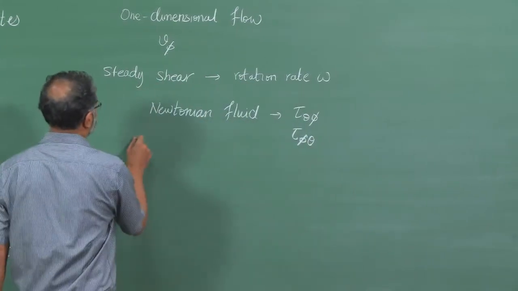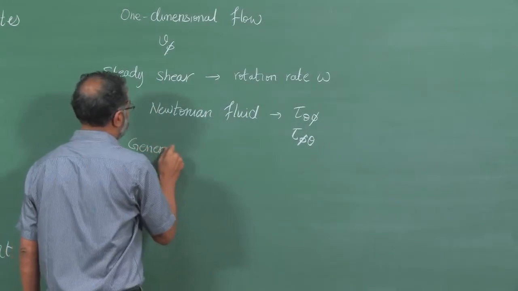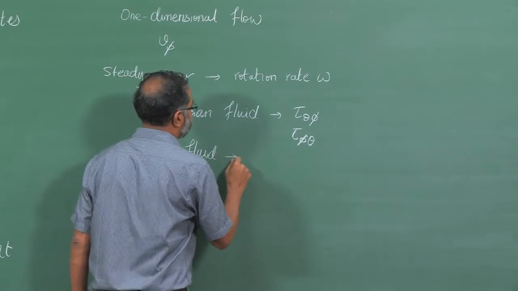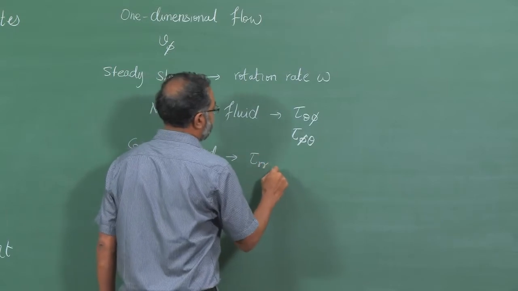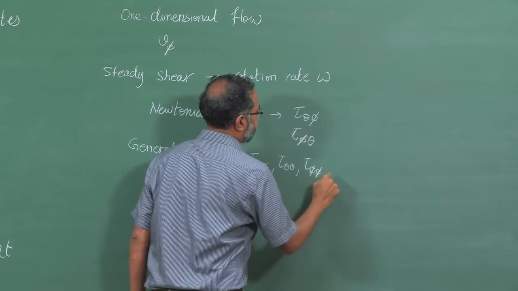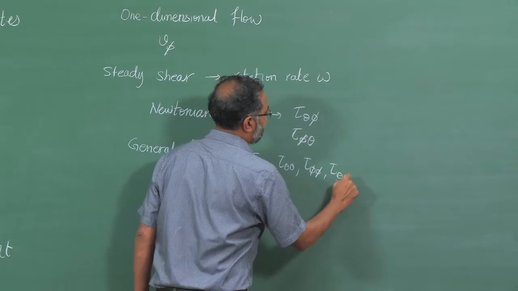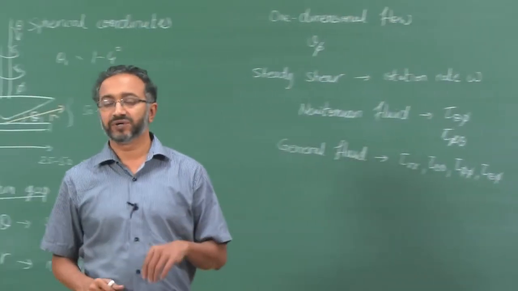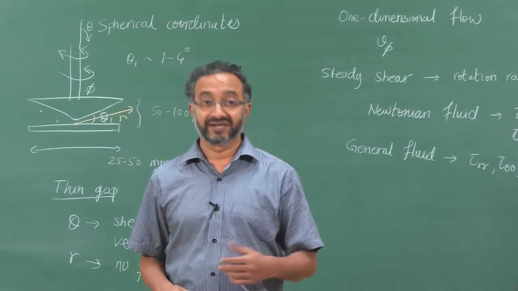But for any general fluid which we do not know the behavior of, we have seen that only tau r, tau theta theta, tau phi phi and tau theta phi will be non-zero. So, at most these are the stress components that will have to be analyzed.